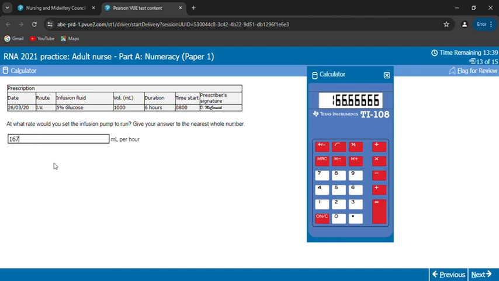So how can we find that? 166.66 to the nearest whole number is 167.